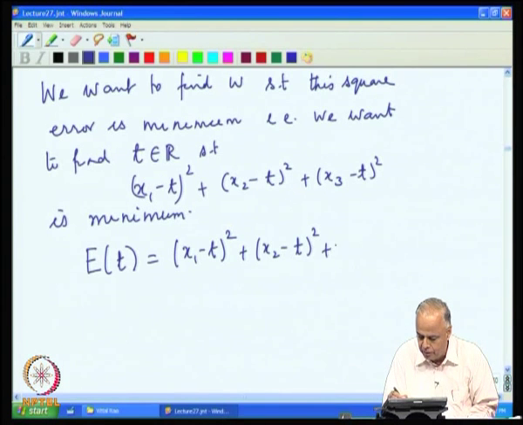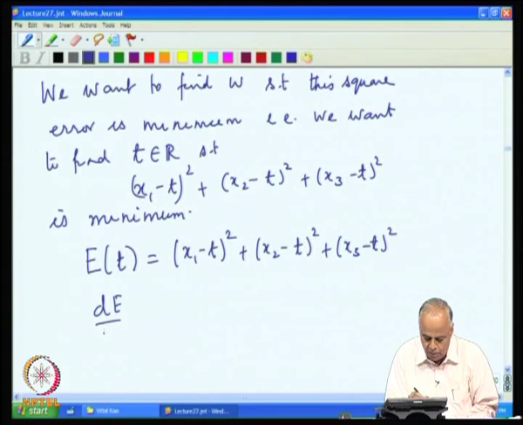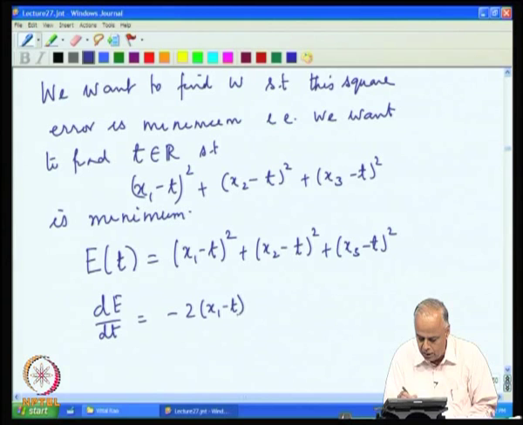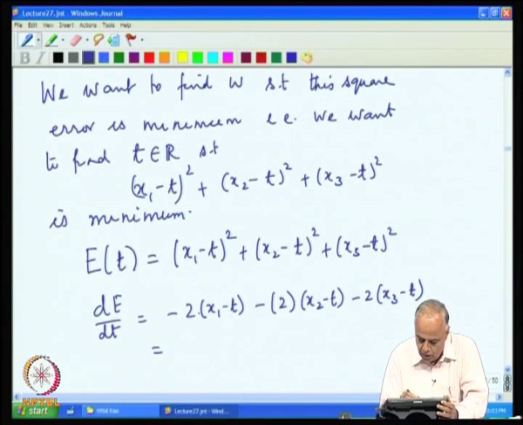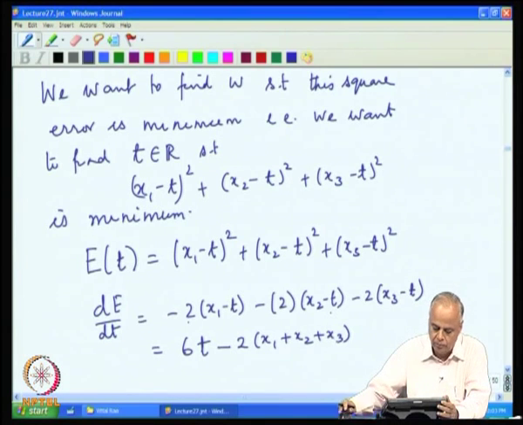We differentiate with respect to t and get -2(x1 - t) - 2(x2 - t) - 2(x3 - t), which is 6t - 2(x1 + x2 + x3).